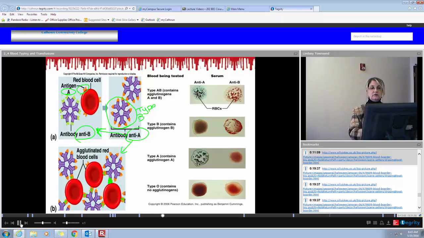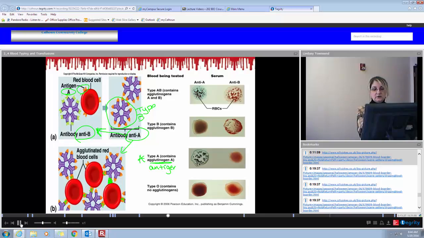Now, let's look at these photos on the right side and talk a little more about this, because this is what you're going to see in lab when we do our blood typing with our simulated blood kit. Let's start with an easy one down here, like the drawing we've been looking at. Let's start with type A blood. Remember, type A contains agglutinogen, or antigen.